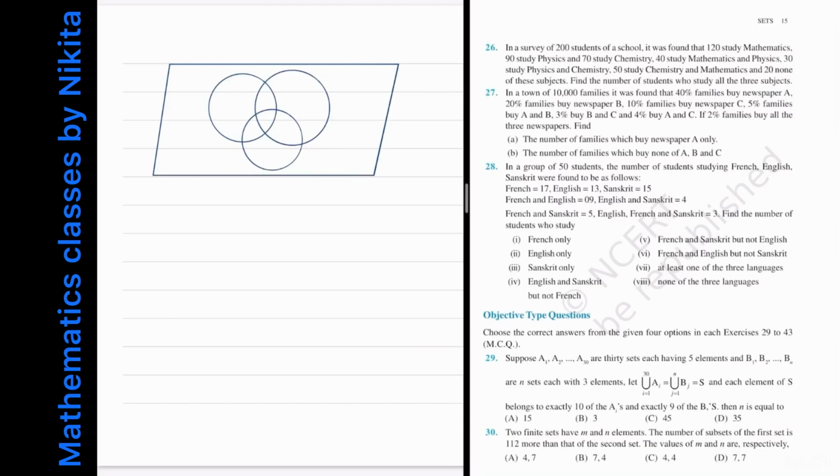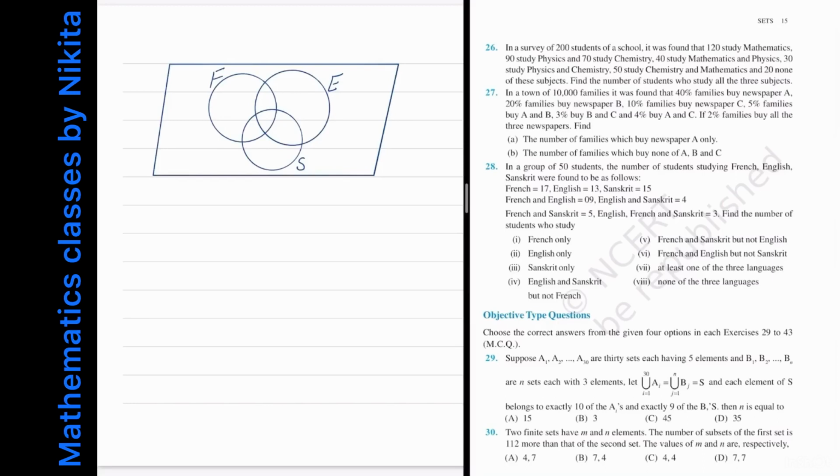Okay, so suppose this is your set F, then this is your set E and this is your set S. Now again I am denoting the single portions by small a, b, c, d, e, f, g, the way we have done in many questions. So this portion, F only, I am letting as a, E only as b, then S only as c, then this portion as d, then e, then this is f and this is g.